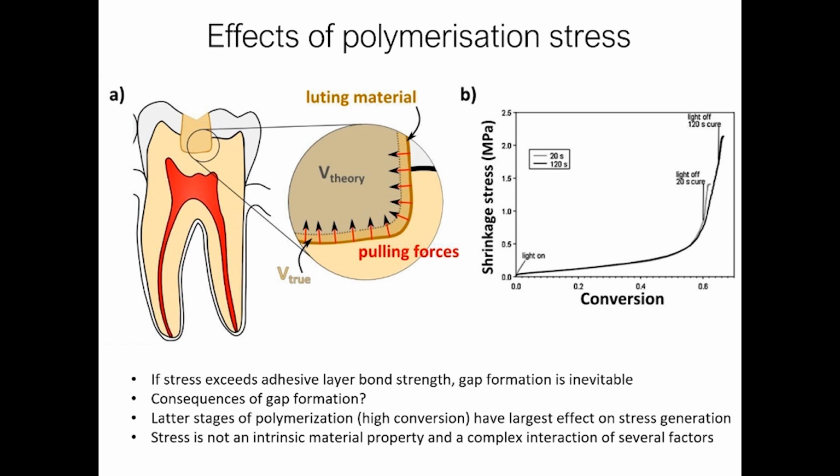It's worth pointing out as well that it's not only about shrinkage. You may have a material that shrinks more but could actually generate less stress. Stress is not an intrinsic material property.